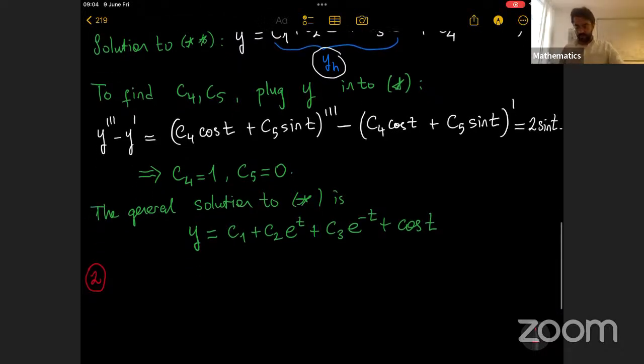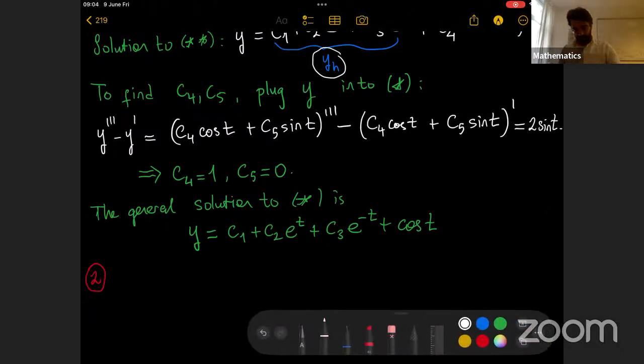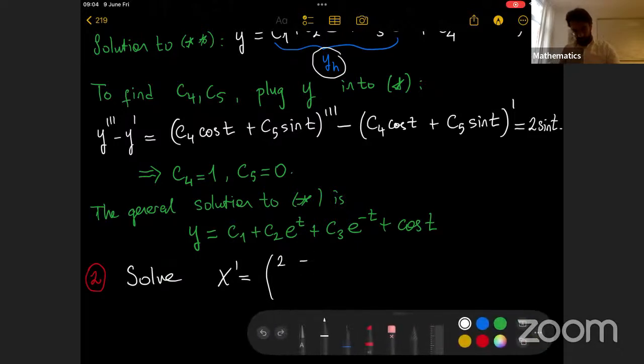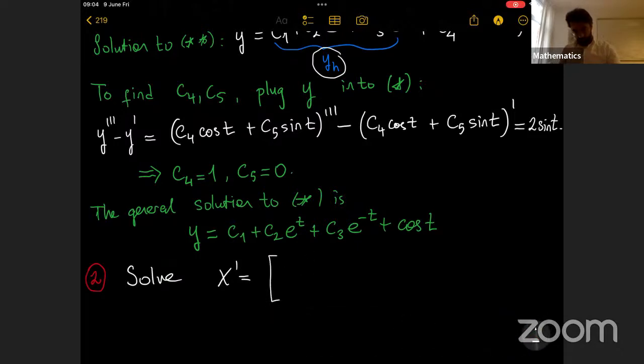All right, well, let's solve this. X prime is equal to, let's write it in matrix form, the matrix 2, minus 1, 3, minus 2, times x, plus the vector e to the t and t.